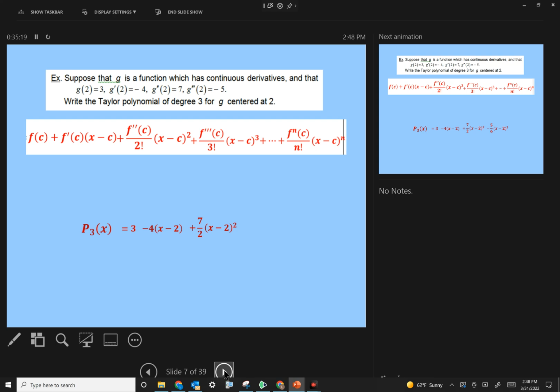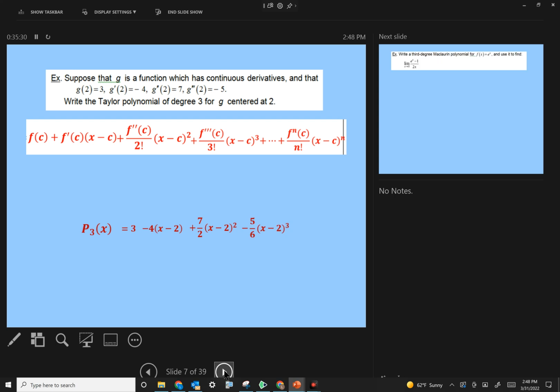If you want to write 2 factorial, you can. And then I need the third derivative, which is -5, x minus 2 cubed. Again, I went ahead and said over 6. But do you see how on multiple choice they give you everything? You just have to know the pattern.